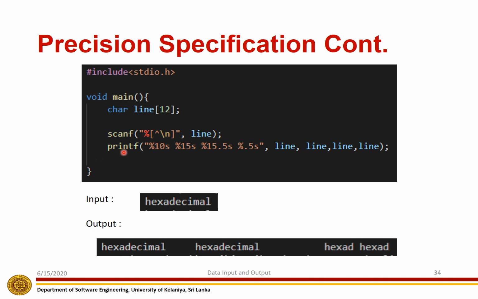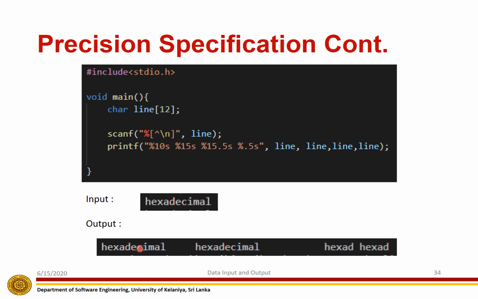In here, in the printf function, first the minimum field width is 10, then the second one is 15, the third one is 15 and the precision specification is 5, and the last one has only the precision specification, which is 5. If we give the input as "hexadecimal, this, is, string", then the first string is shown entirely, even though it contains 11 characters but the field width specification is 10 characters, so this will display all.